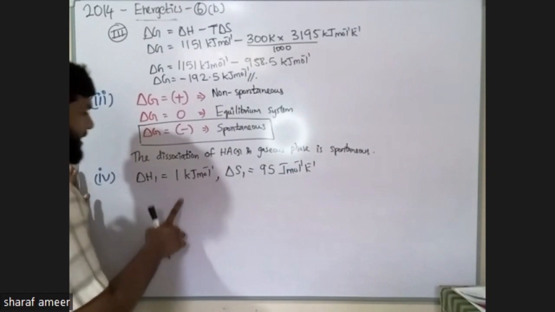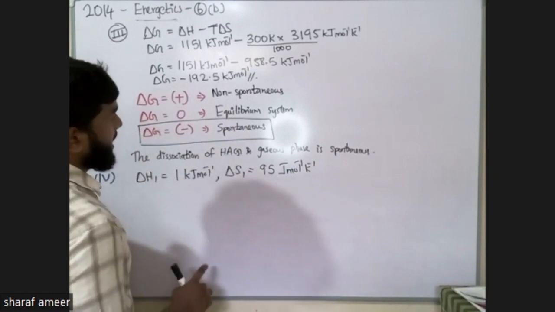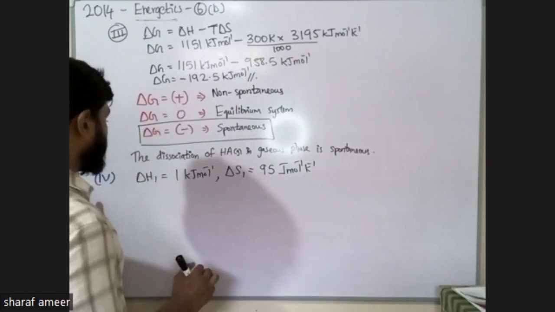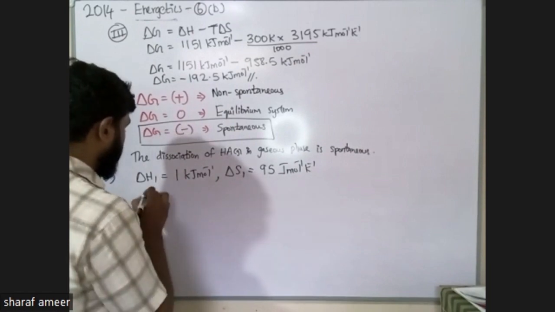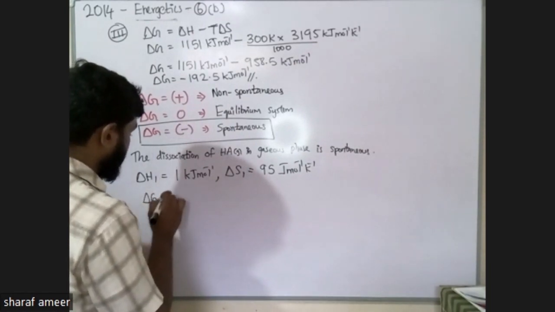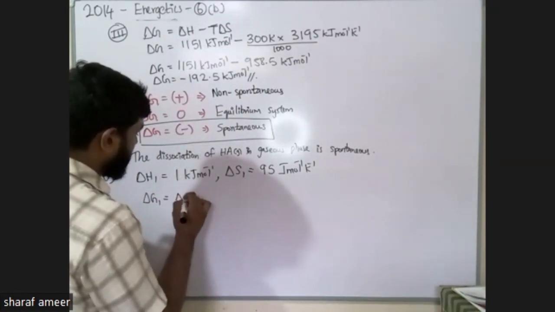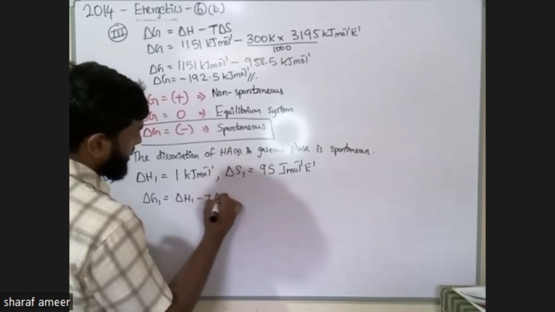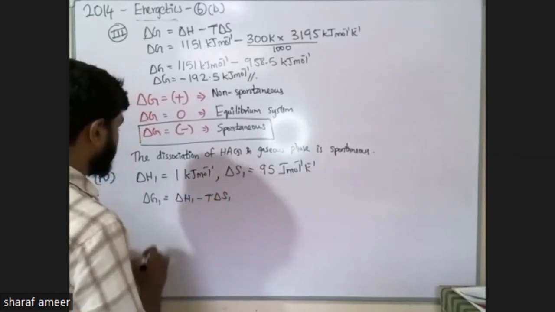Now dissociation of HA in aqueous phase, now entropic change. So delta G1 is equal to delta H1 minus T into delta S1.